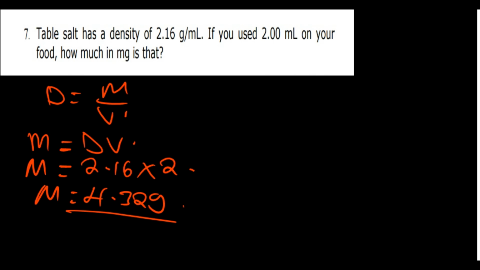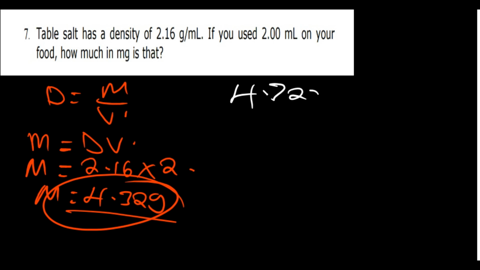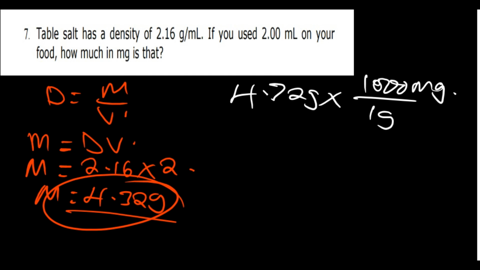So we want to convert now 4.32 grams into milligrams. We're going to use dimension analysis, where we say 4.32 grams, then in 1 gram, how many milligrams do we have? We've got 1,000 milligrams.